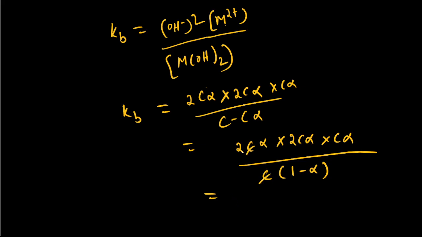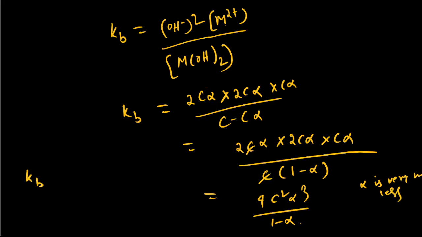How much are you getting? 2 times 2 is 4, C squared, and how many alphas are there? 3 alphas, so alpha cube, divided by 1 minus alpha. This is for a weak base. You know for a weak base alpha is very small, so we just neglect it. Then Kb is equal to 4C squared alpha cube. If you want to know the alpha cube, just put Kb divided by 4C squared.